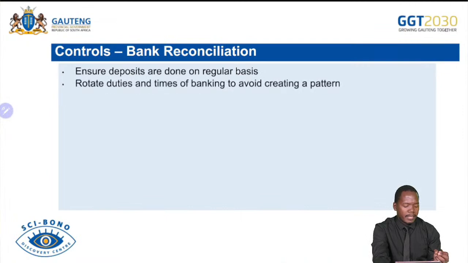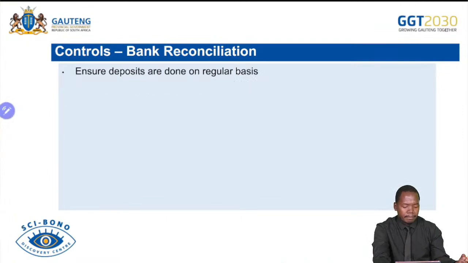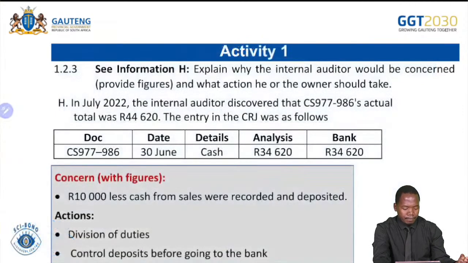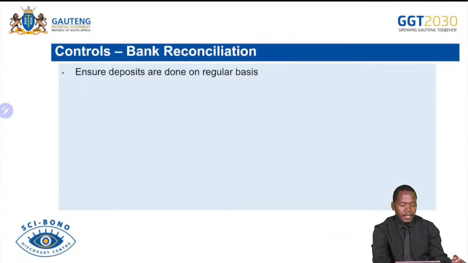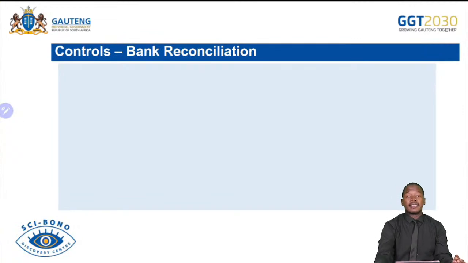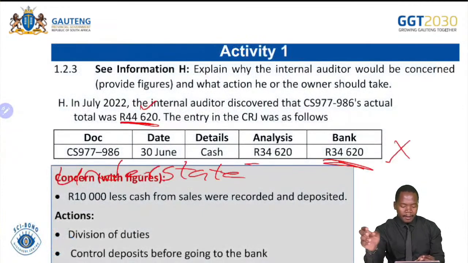So just to go back a little bit. We have an understated income here. Now, if we look at that understated income, it is 44,620 minus 34,620. This bookkeeper recorded less instead of more. Now, what is the concern here?